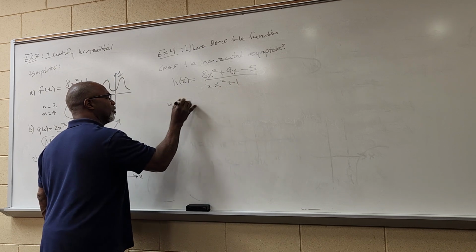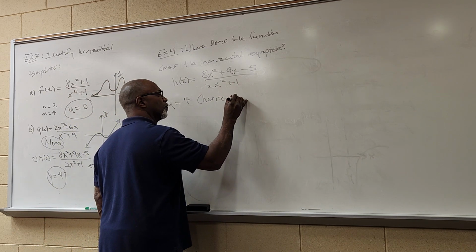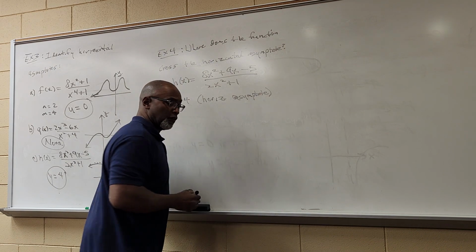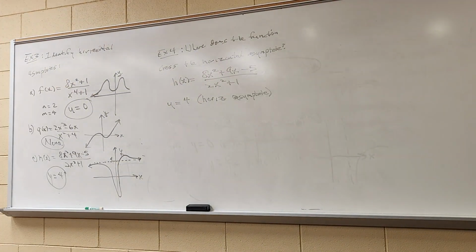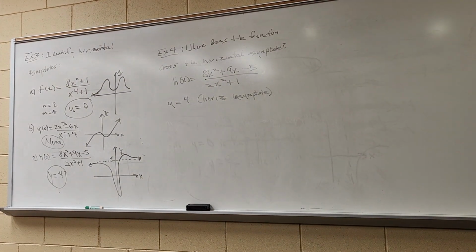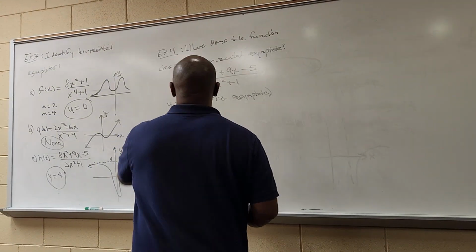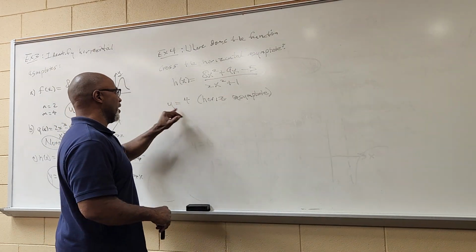Now we've already decided that y equals 4 is my horizontal asymptote. Well, it's pretty easy. Remember, h of x is the same thing as y. So y equals this thing, y equals 4.